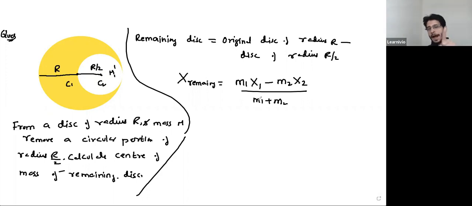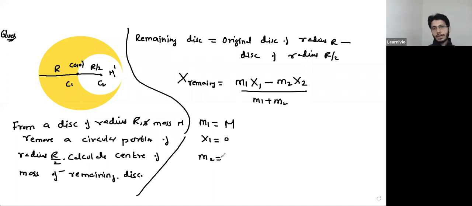So instead of adding, if you are removing something, then we subtract them. Now, how much is m1? M1 is capital M. I consider the center of the original disk as the origin. Then how much is x1? X1 is 0.